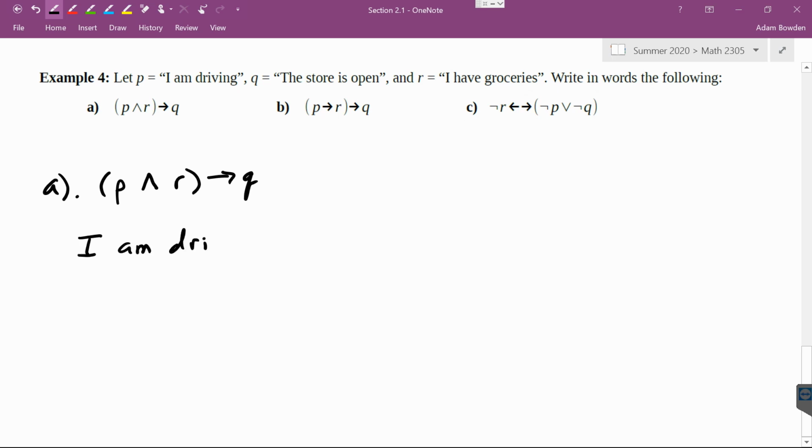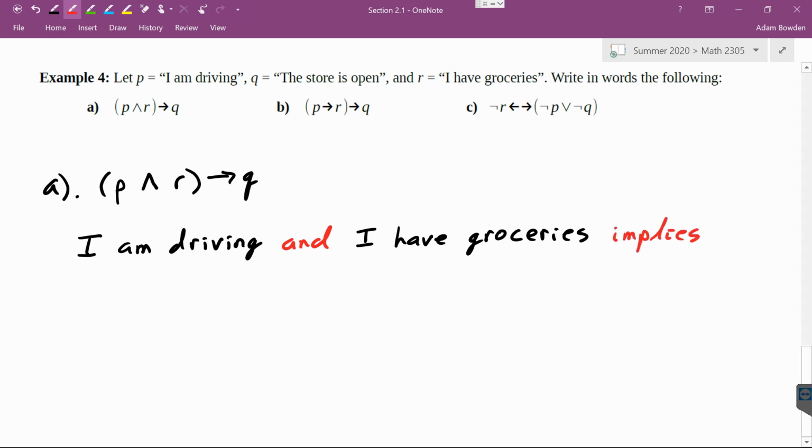P stands for I am driving, and then the logical symbol is for and, so P and R would be: and I have groceries. And then the logical connective next is implies, so we'll just go ahead and use implies Q, which means the store is open. So that's how we read off the symbolism that we have here back into words.